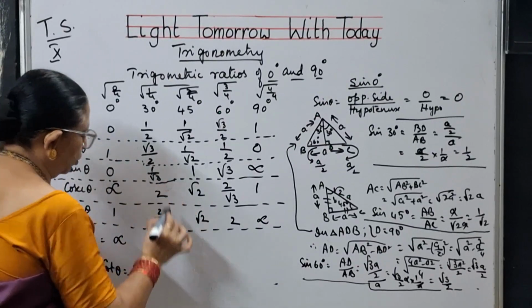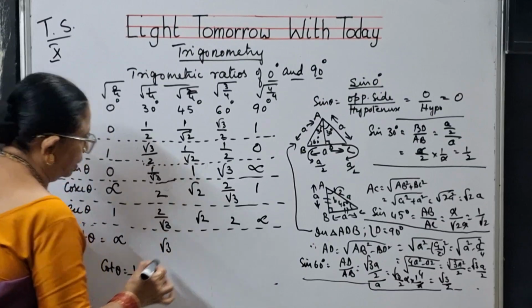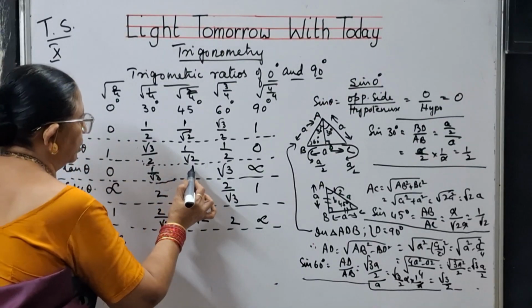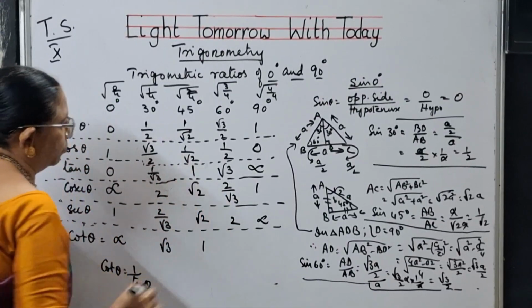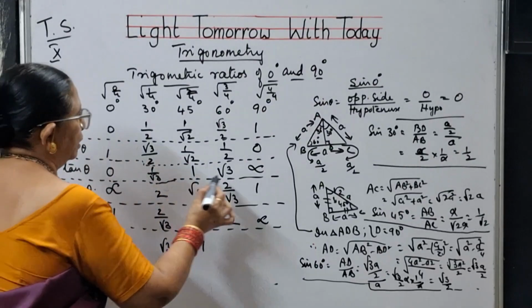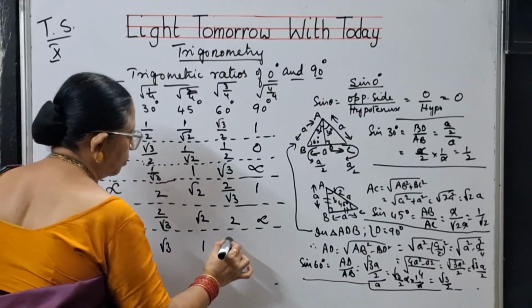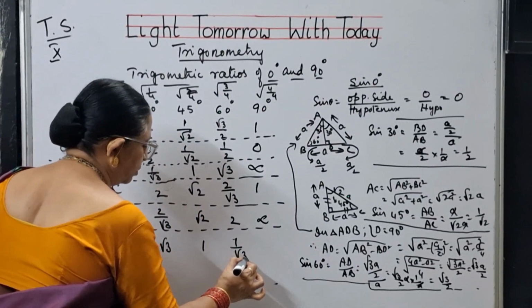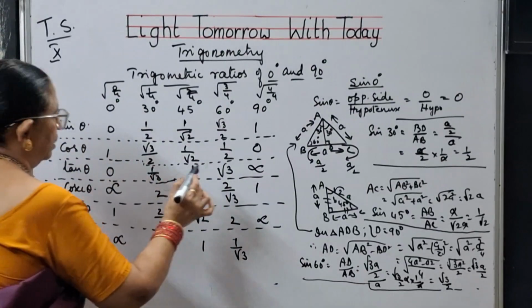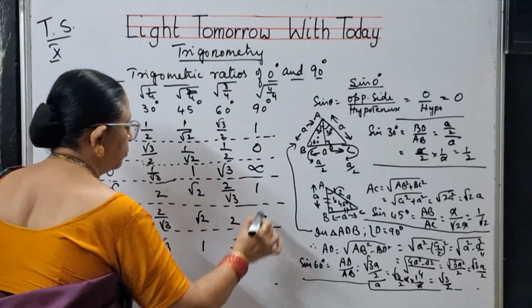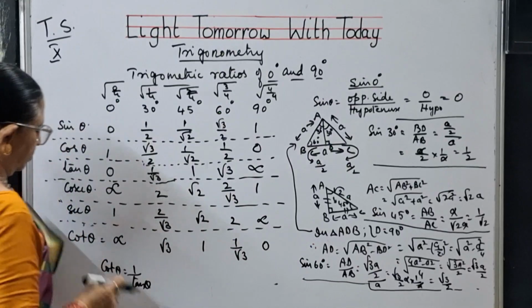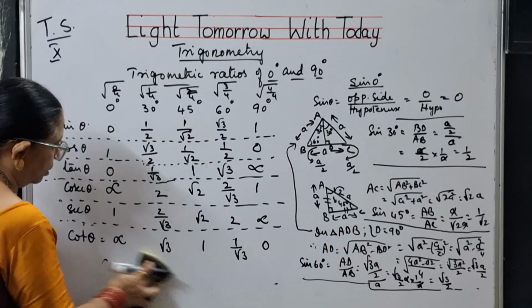Tan 30 degrees 1 by root 3 means root 3. Tan 45 degrees 1 means here also 1. And tan 60 degrees root 3 means it becomes 1 by root 3, and tan 90 degrees is infinity means you'll be getting 0.